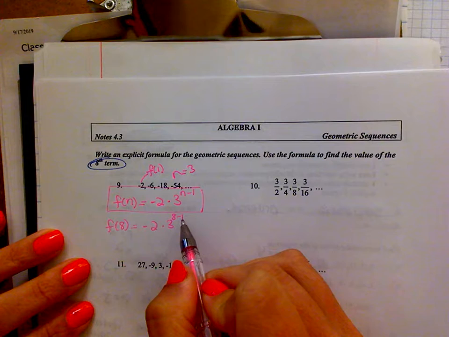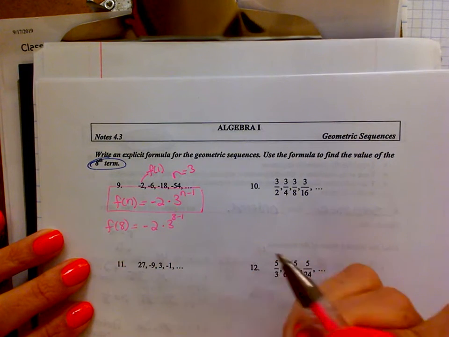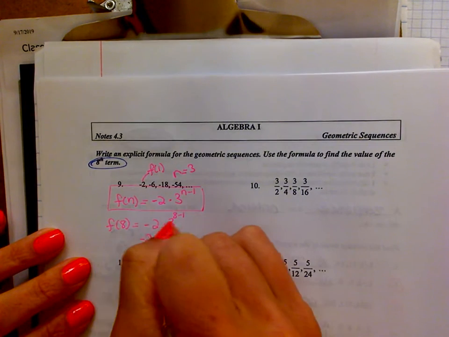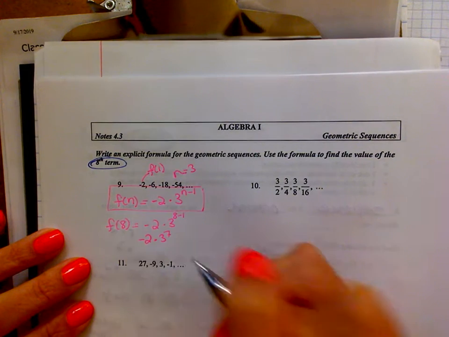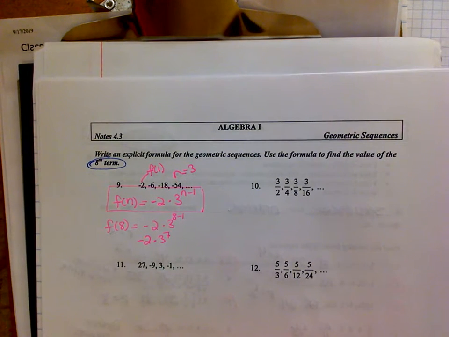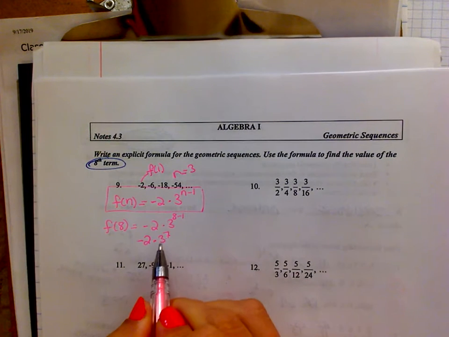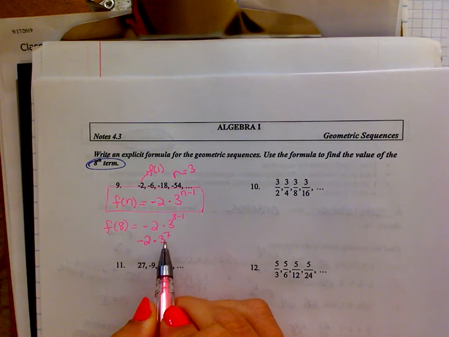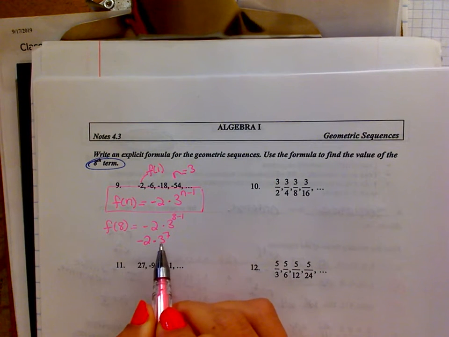If you don't want to write 8 minus 1, that's fine. I think we all know that 8 minus 1 is 7. These are going to get either really big really quick or really small really quick when you're doing something to a power like 7. So this is where you need to get out your calculator and just type in negative 2 times 3 to the 7th.